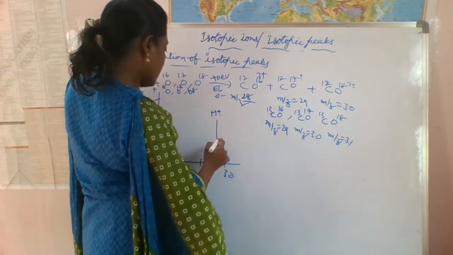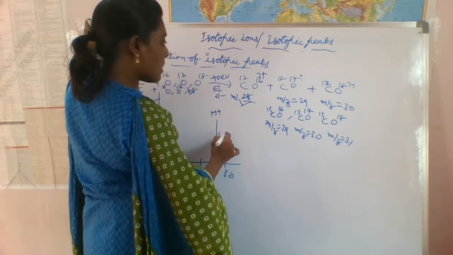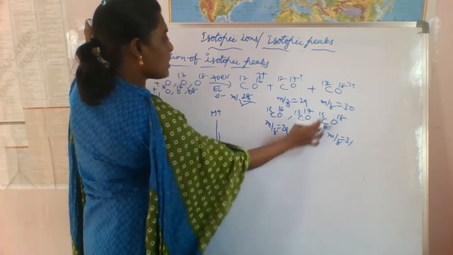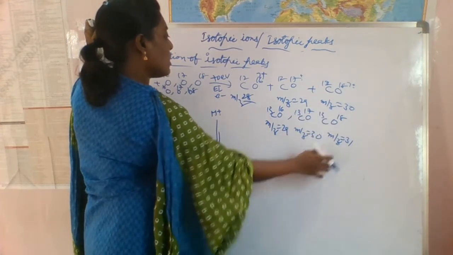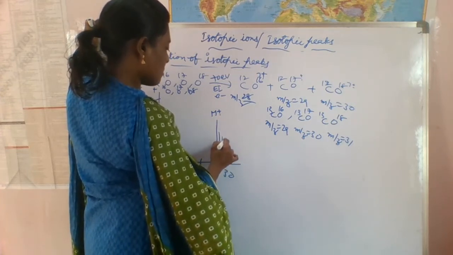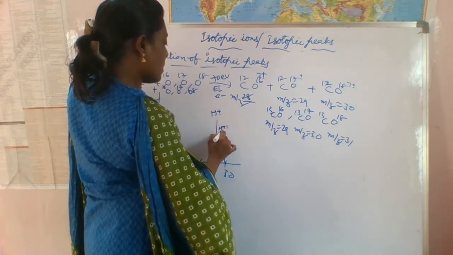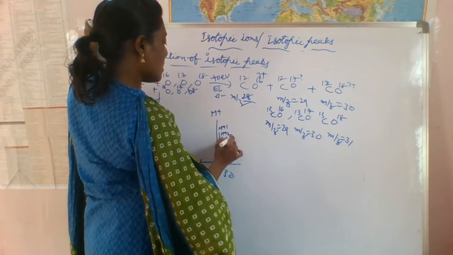The M plus 1 peak is there and the M plus 2 peak is there. M plus 2 is 30, M plus 3 is this one. This is the M plus 1 peak, M plus 2, and this is M plus 3.